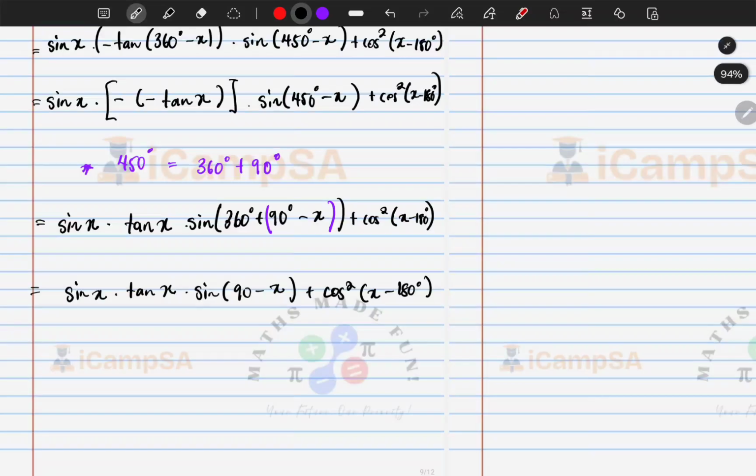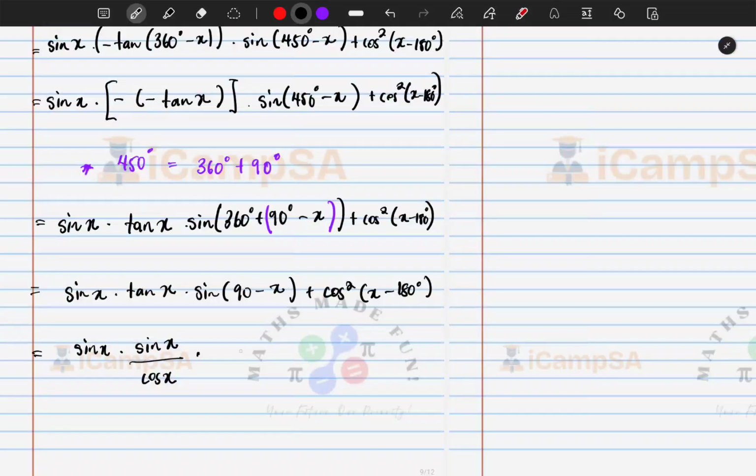And then from here, what I can do is I have my sine x times, I can also write this as sine of x over your cos of x times sine 90 minus, right? So 90 minus will be in the first quadrant.